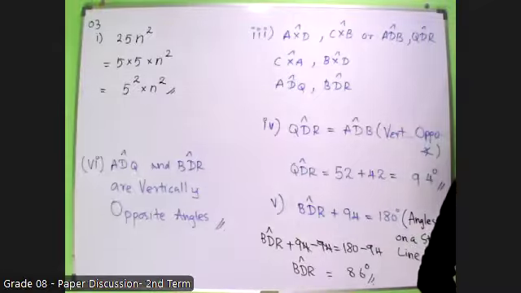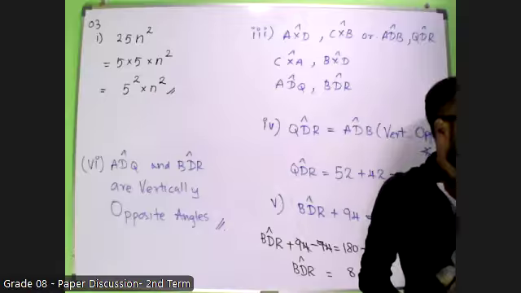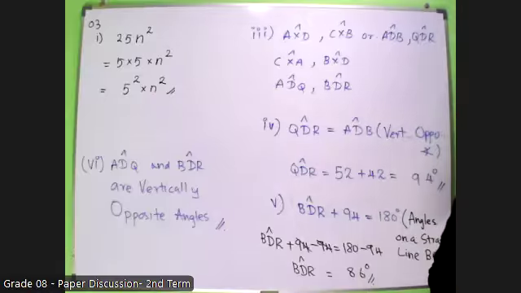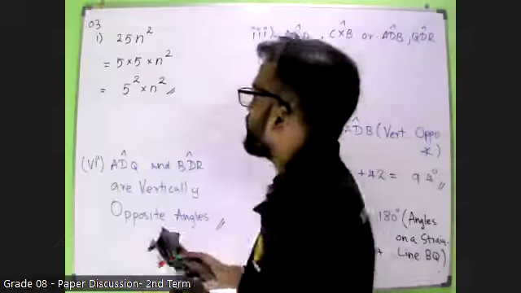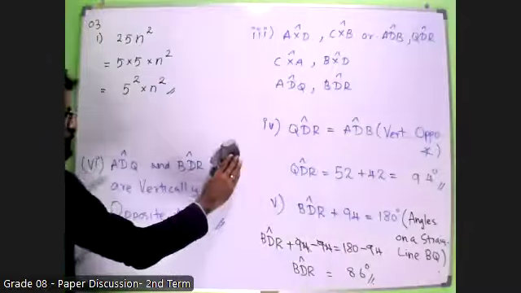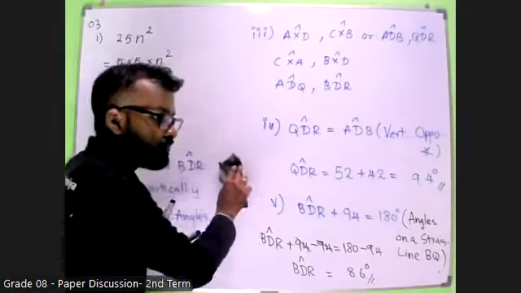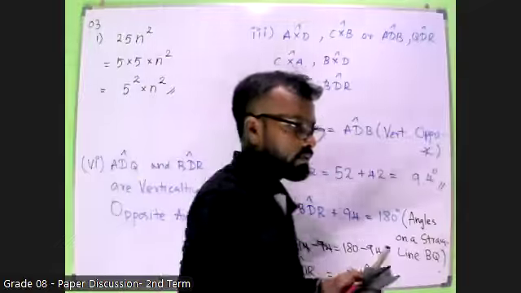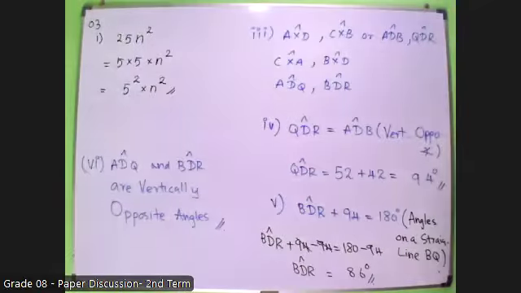Write down 10xy to the power 2 as a power of product and simplify. So 10xy to the power 2.